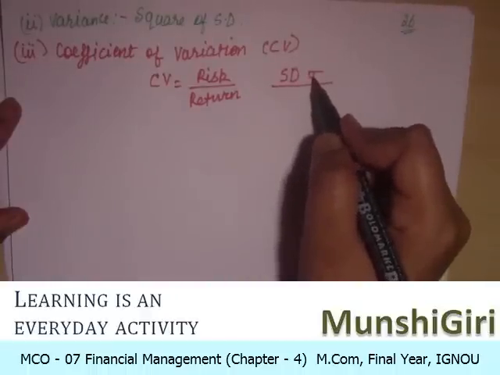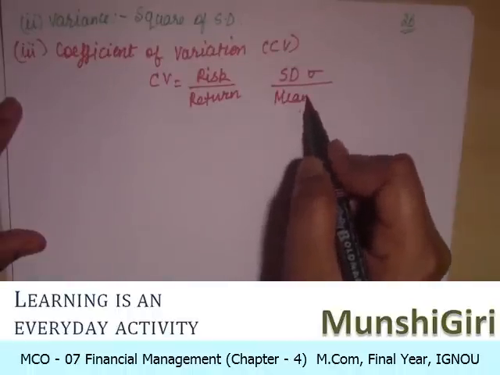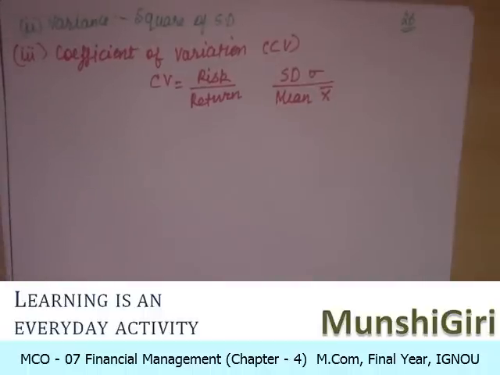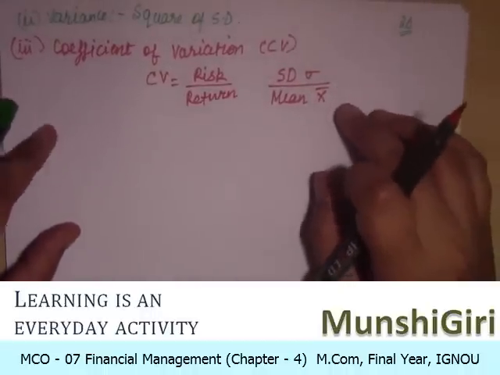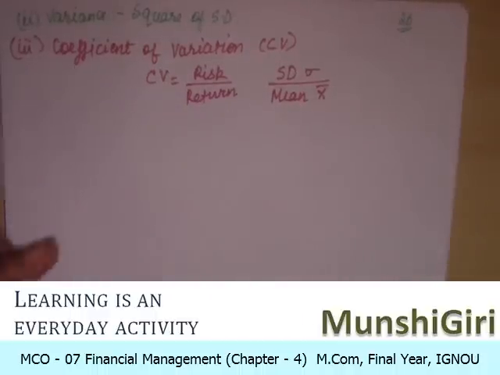We denote standard deviation with this symbol, and return means mean, that is x bar, which was like 53 in the previous question that we did. Now both these components we have already calculated. All you have to do is divide the standard deviation by the mean in order to calculate coefficient of variation.